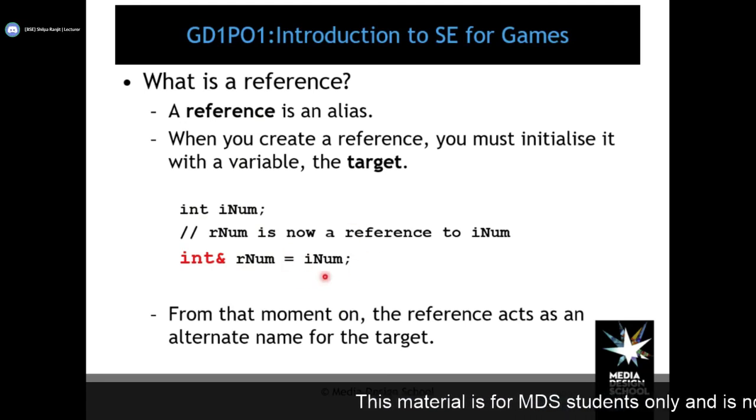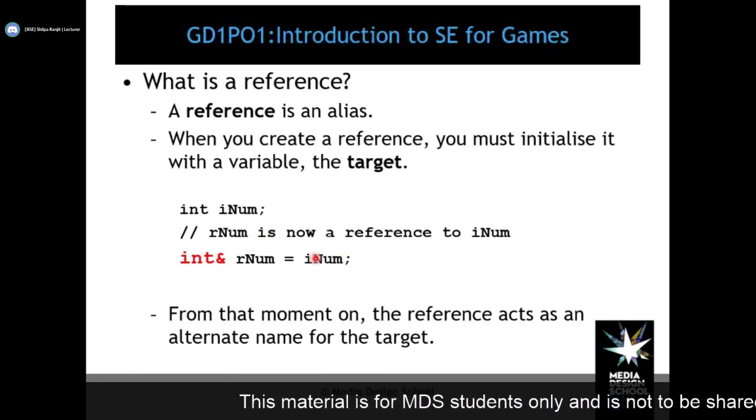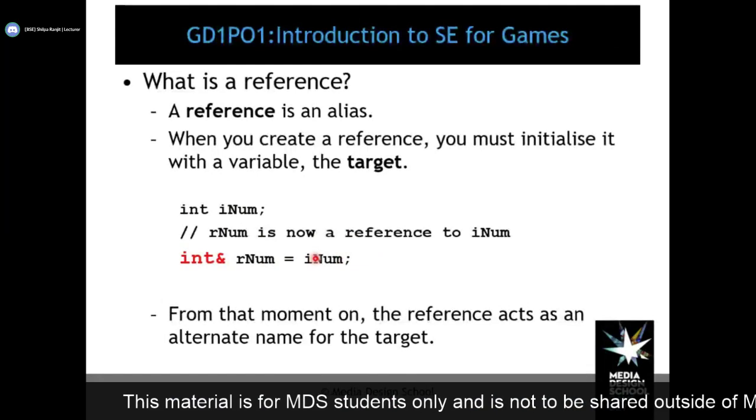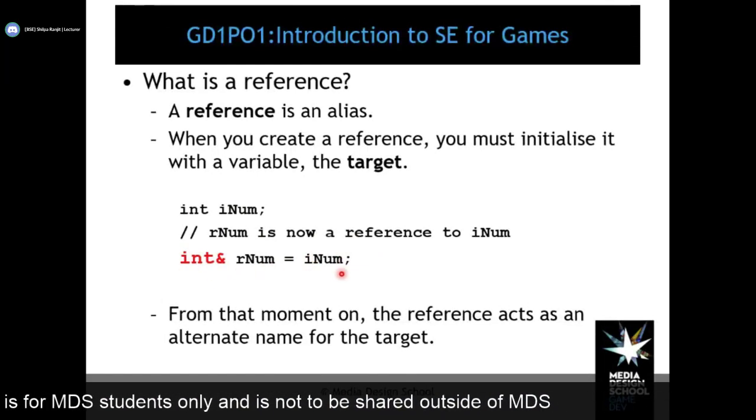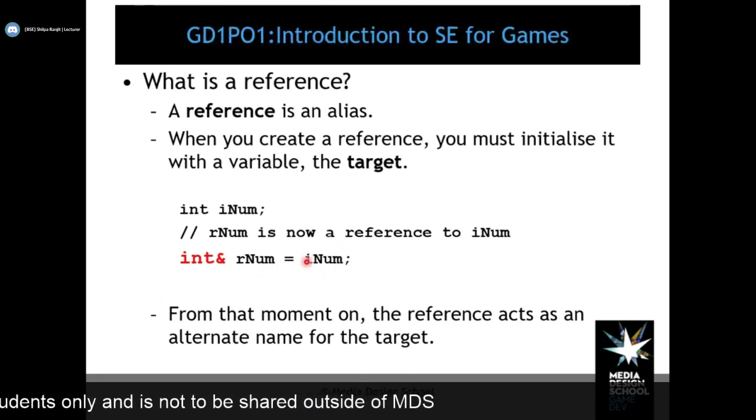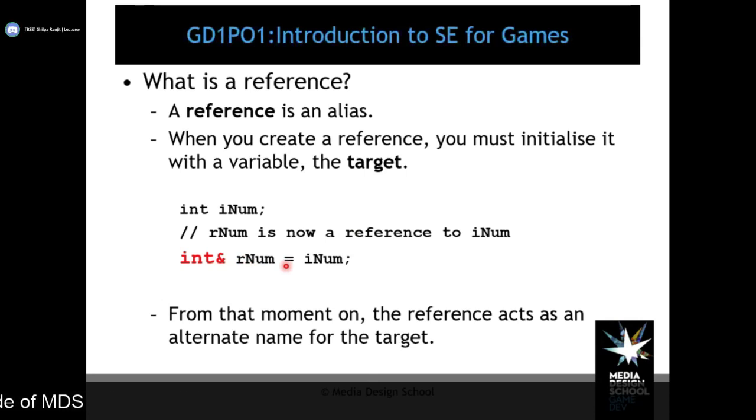At the point of declaration, we'll need to specify which variable this has to refer to, or which variable this is an alias to. So the statement int ampersand rnum is equal to inum is very important, because if you just declare int ampersand rnum, then that is going to throw you an error, because the reference should be initialized at the point of declaration. All right.